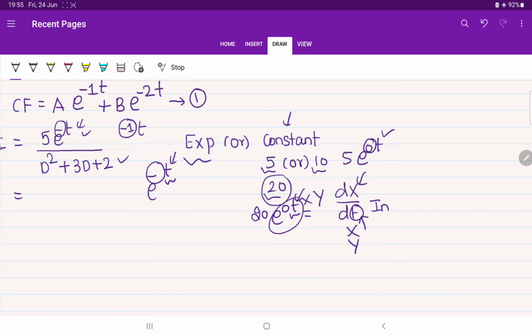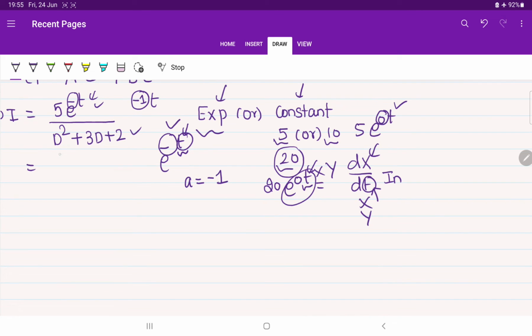Whenever a constant is given, 0 becomes the coefficient. If an exponential equation is given, then the coefficient of your independent variable is going to be a constant. Take that constant outside; I am giving it a name, I am calling it a. You can use any name. So a equals -1. Next step, in all the places of D, you have to replace D by this constant value. Then what will you be getting?